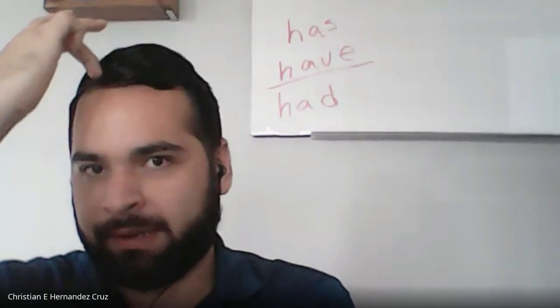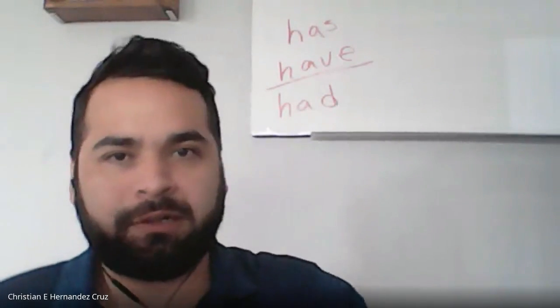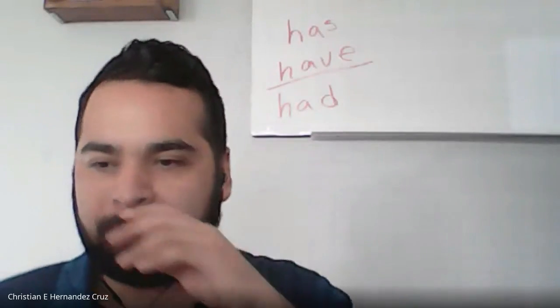Okay. Are there any questions or comments about the present perfect tense? We're still gonna look into it in the next part of the class. Okay, I'm gonna take that as a no. So we need to use has, have, and had, and conjugate the verb, right?